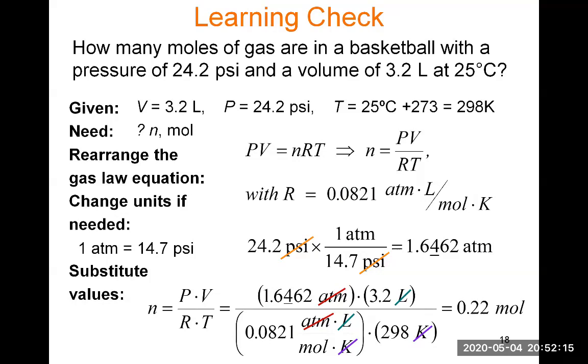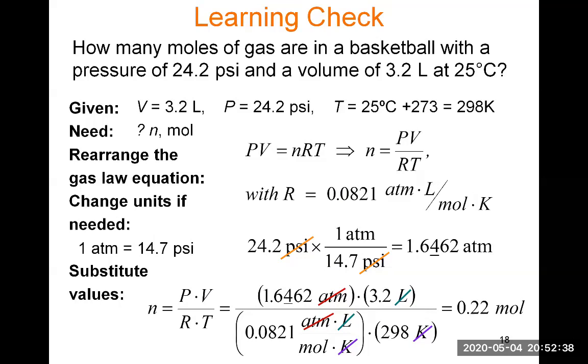So in the calculator, you do 1.6462 times 3.2 divided by 0.0821 and divided again, because I didn't put the parentheses, divided again by 298 equals.